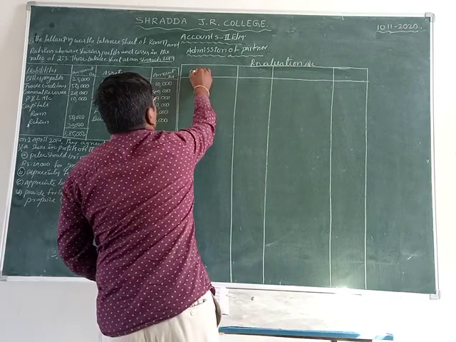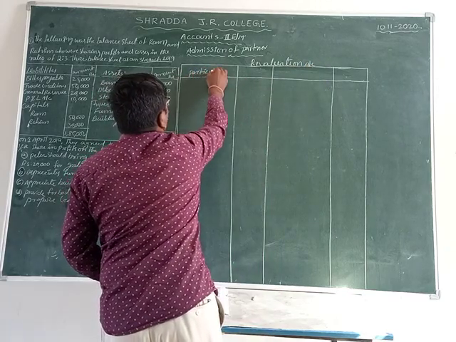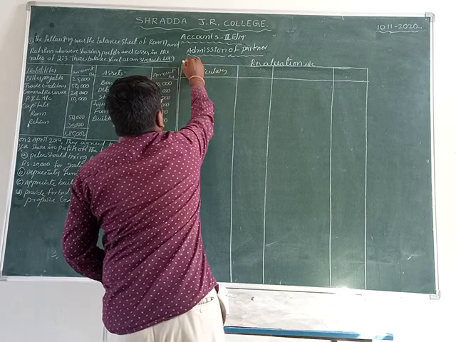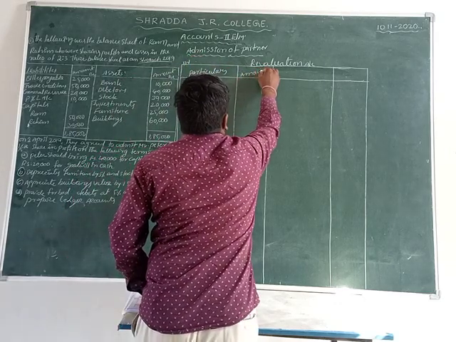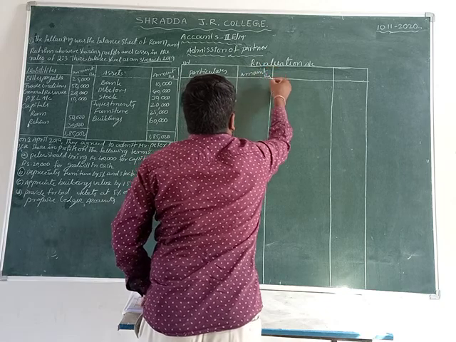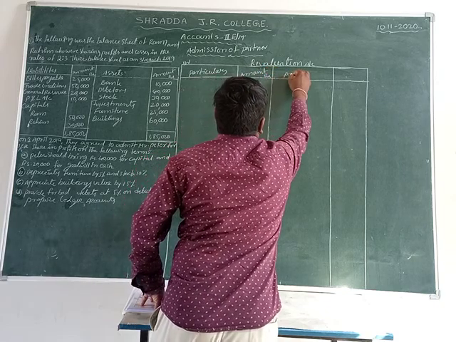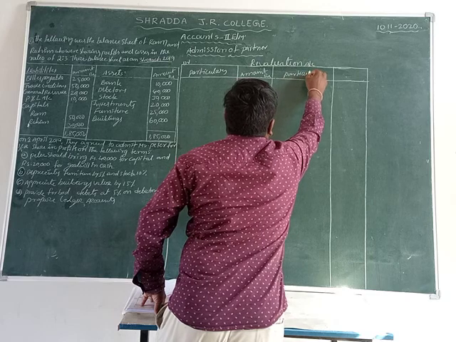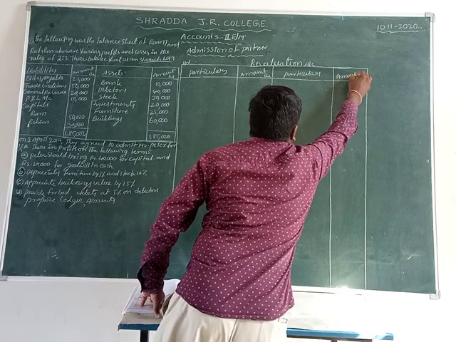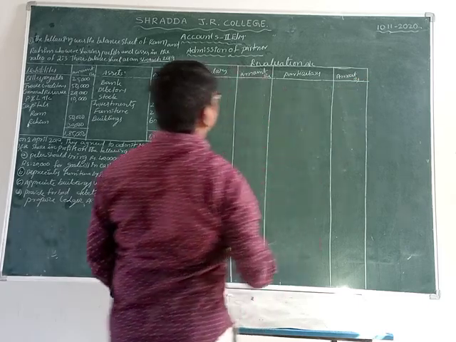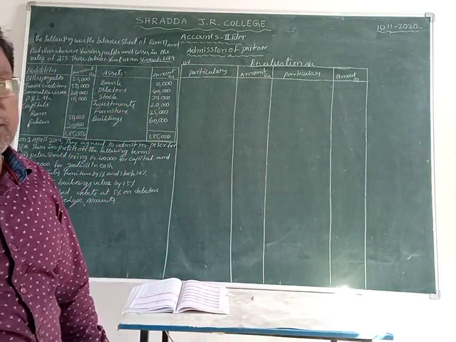Write particulars on the left side, which is debit, with amount in rupees, and the credit side also has particulars and amount in rupees. This is the revaluation account proforma.